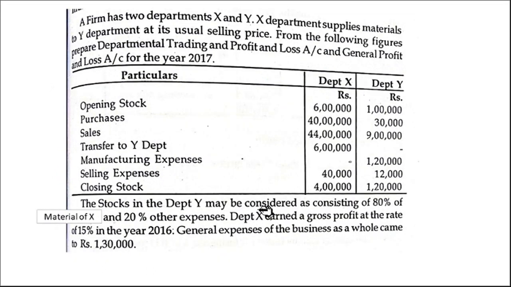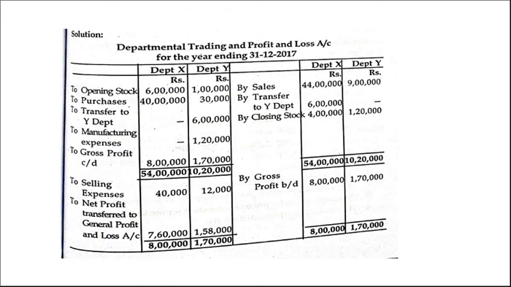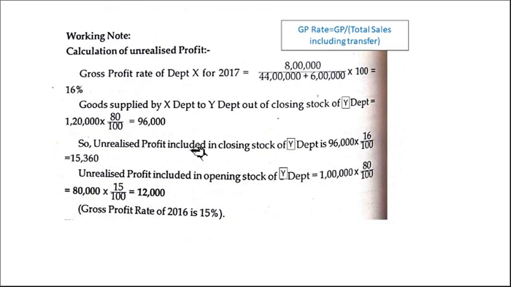In the problem it is given that Y department consists of 80% goods, material of X. So what is the closing stock of Y? 1,20,000. We have to take 80% of that. So closing stock of Y department, 1,20,000 into 80%, is 96,000. Now this is the closing stock of Y which is received from X.